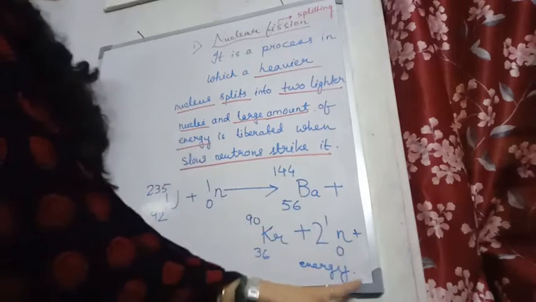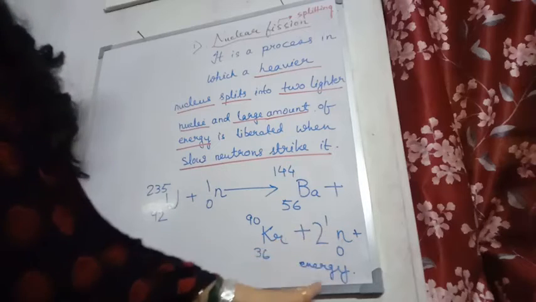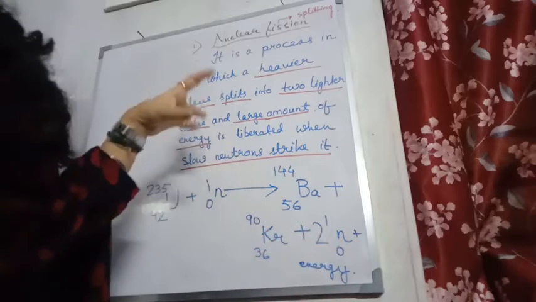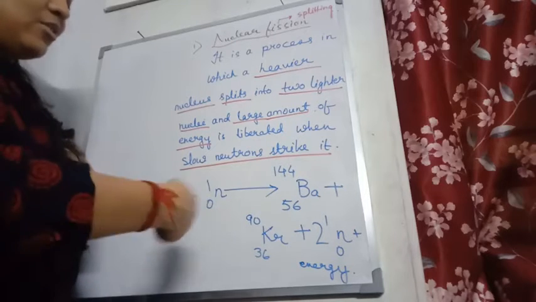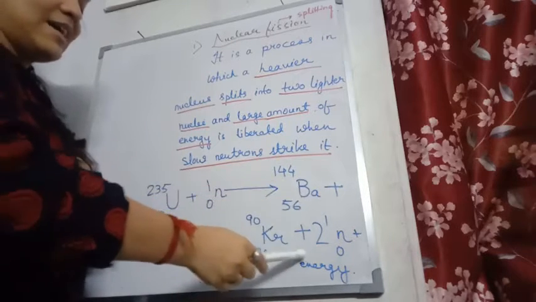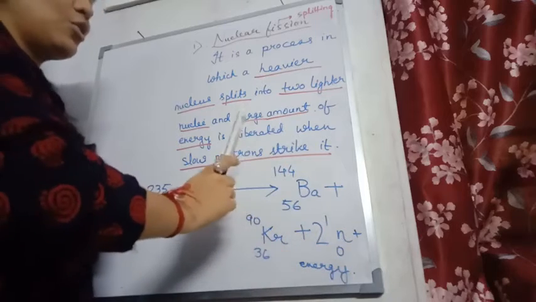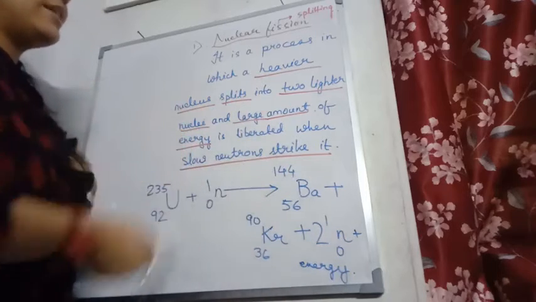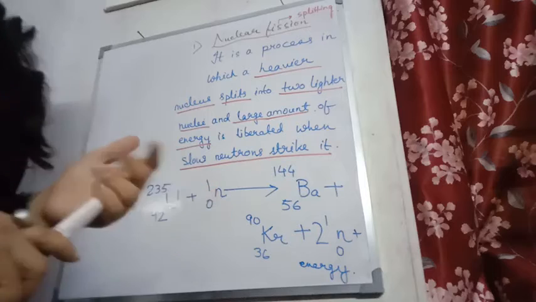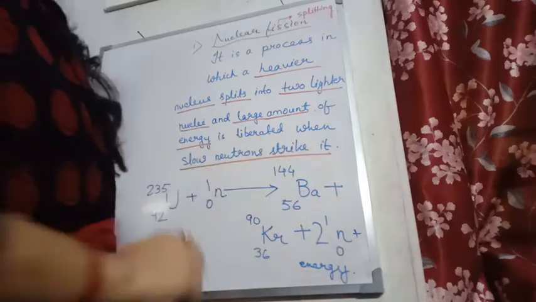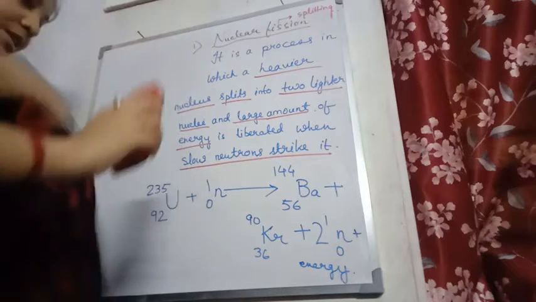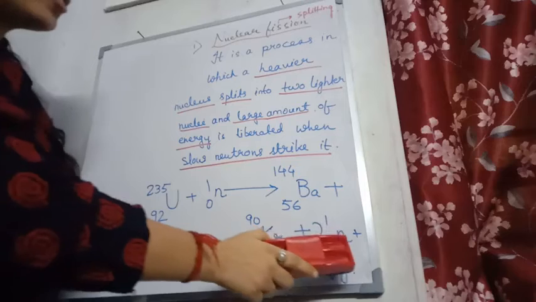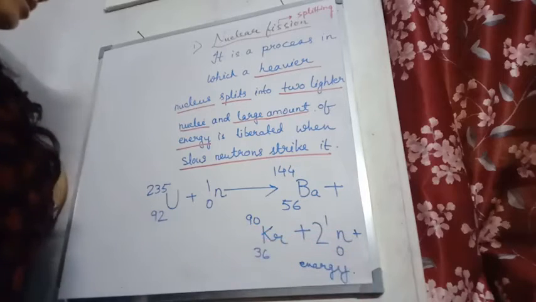From where is this energy liberated? The energy is liberated from the loss in mass, because this is a nuclear reaction. We have a radioactive nucleus forming two products, and this energy comes from the lost mass, which gets converted to energy given by Einstein's equation. This is the basic reaction of nuclear fission. In this process, we are getting 2 neutrons on the product side.